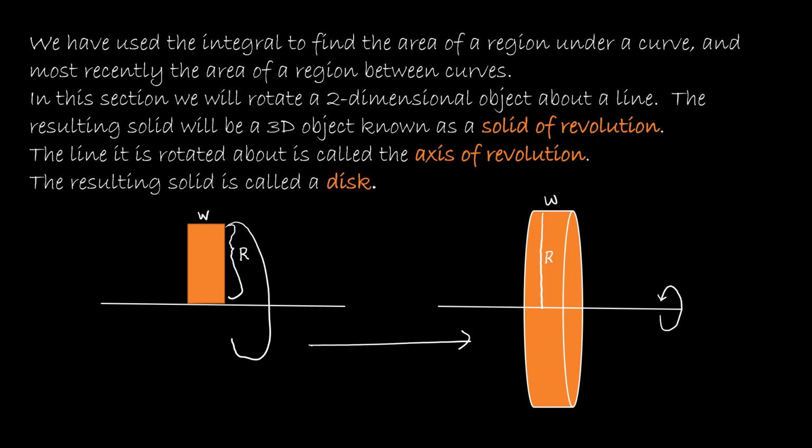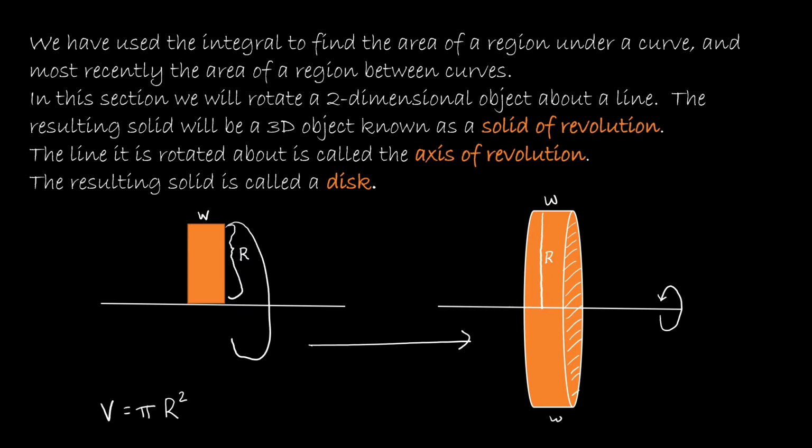Now, if we have a consistent width and a consistent radius, it's very easy to find the volume. We can just use the formula for the volume of a disk, which is pi r squared times the width. Of course, pi r squared is just the area of a circle.